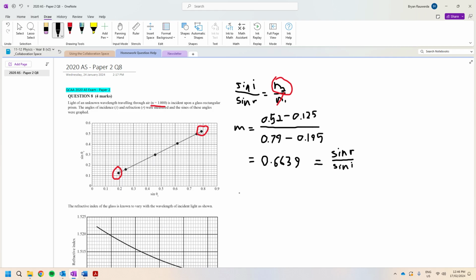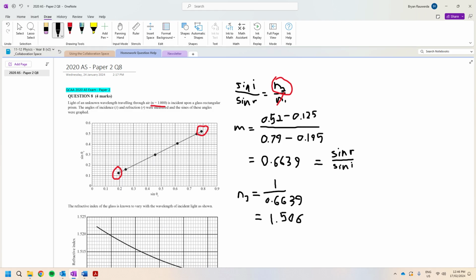So n2 equals 1 on 0.6639. We take the inverse, 1 divided by that, and we get 1.506 as our refractive index.